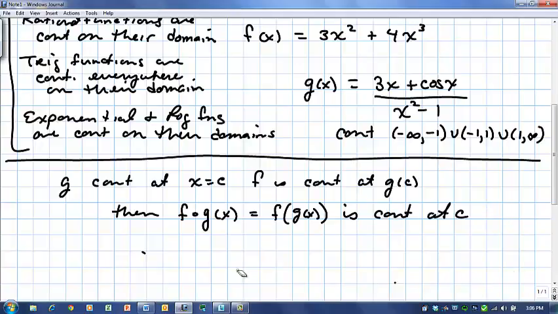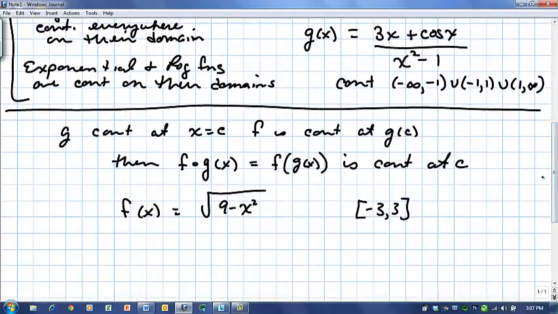Okay? So that means, for example, if we have the example that we did in the previous video, where we had that our function f of x is equal to the square root of 9 minus x squared, then we could come to the conclusion that this is continuous on the closed interval from negative 3 to 3, just based on these properties that we just talked about.